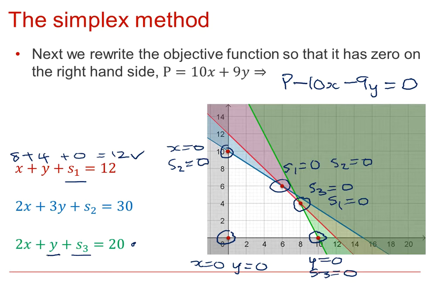So you can see that with these slack variables and the x and y variables, at each vertex of a feasible region, two of the variables will be 0. And it's important to note that when the slack variables are 0, the constraints are at capacity.